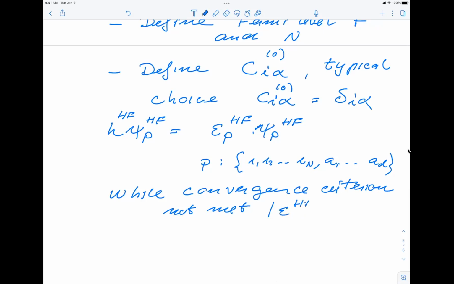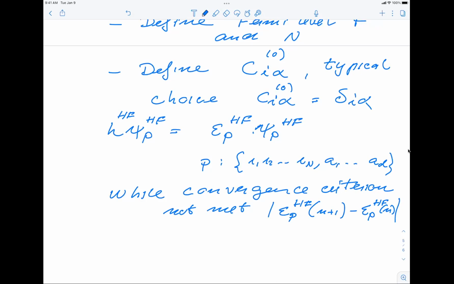Epsilon Hartree-Fock for iteration n plus 1, and now you're summing up all the single particle energies, epsilon p here. So this is actually a norm 2 of a vector, which contains all the single particle energies, minus epsilon p Hartree-Fock of n, like this.